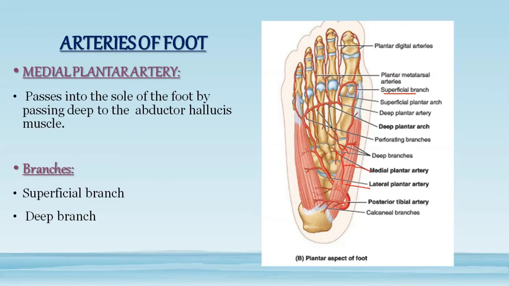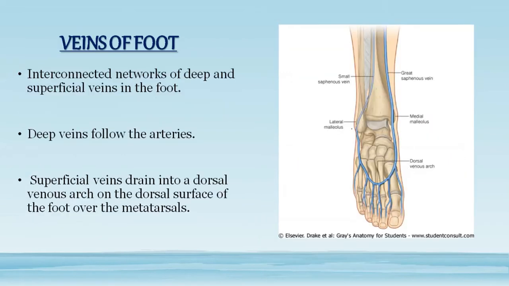The second is the medial plantar artery, which is a small artery that passes deep to the abductor hallucis muscle. It gives rise to deep and superficial branches. These branches assist the branches of the lateral plantar artery to supply the digits.